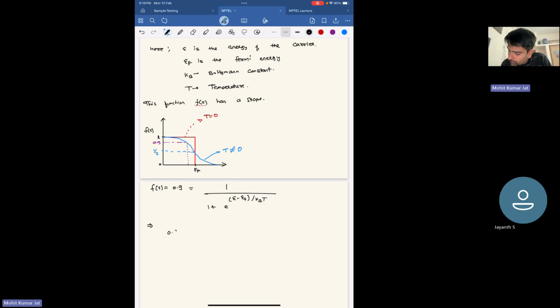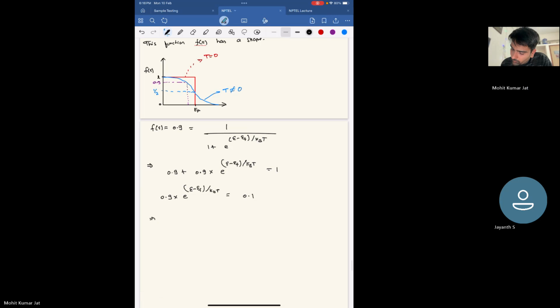It will be 0.9 plus 0.9 times e to the power (E minus Ef) by kBT equals 1. So 0.9 times e to the power (E minus Ef) by kBT equals 0.1. And if I do a little bit of math, it turns out e to the power (E minus Ef) by kBT equals 1 over 9.